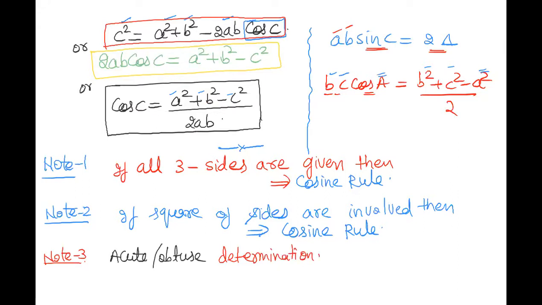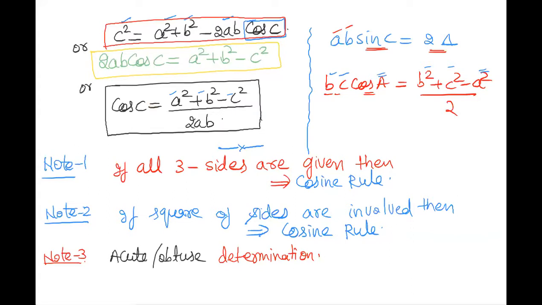And we know that out of the three sides of a triangle, if any side is the greatest, the opposite angle will also be the greatest. So if three sides are given, the biggest side I will pick, and corresponding angle will also be the biggest. So to determine acute or obtuse angle, I will pick the biggest side and apply the cosine formula.